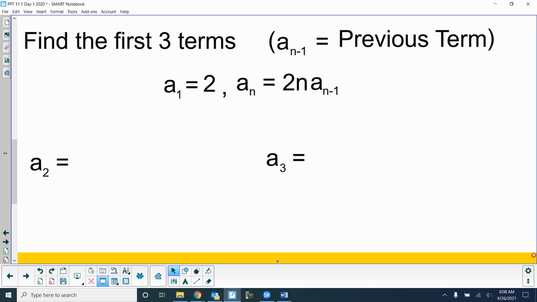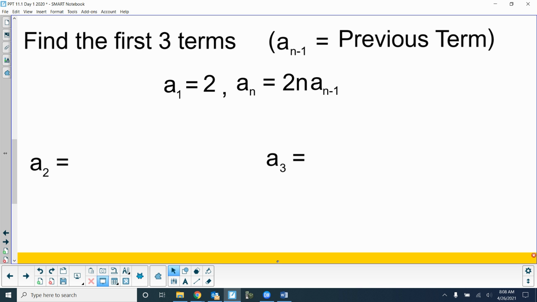No, 2 times 3 times 8. Did that take too long? No. Dominic, what'd you get for the second term? No, that's the third term. What's the second one?